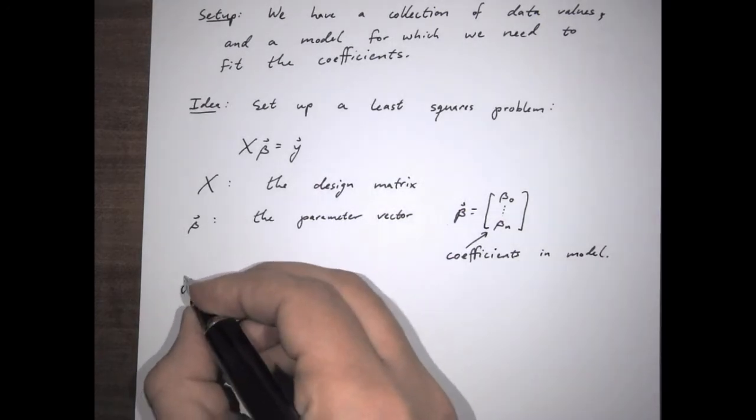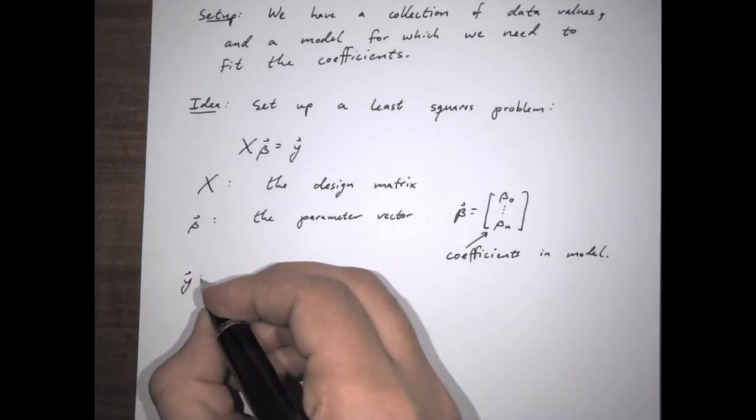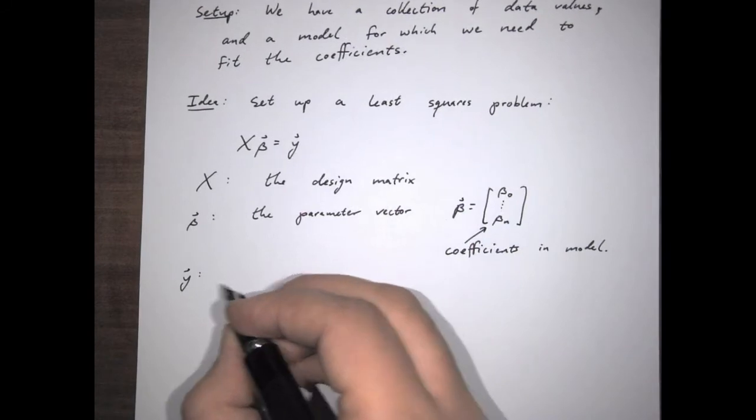And then y is what's called the observation vector.